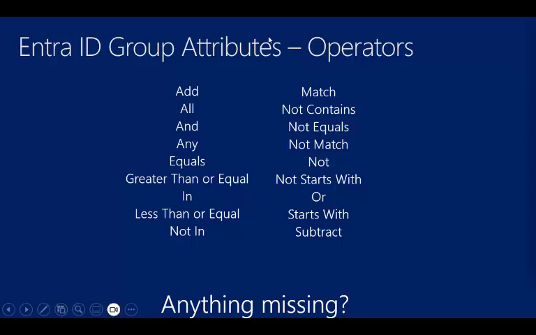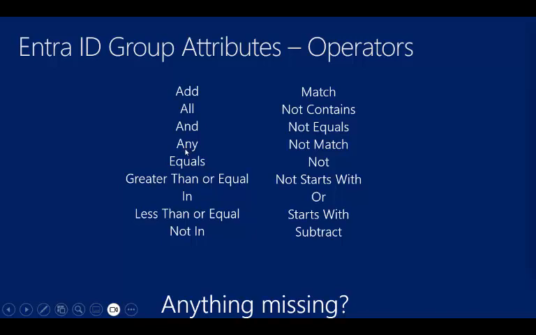The all operator might not be something that you're familiar with. And so you could use this to basically say, I want to include devices with all of a certain value set, right? And then you can define that value set. Or, any would be kind of in the same realm.